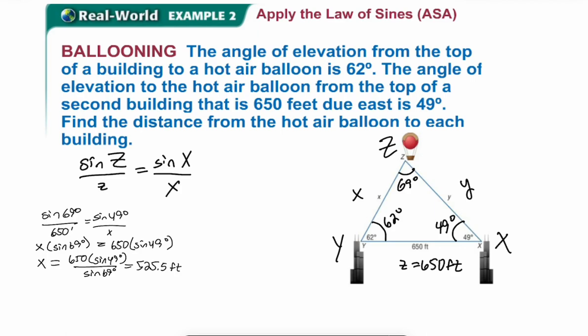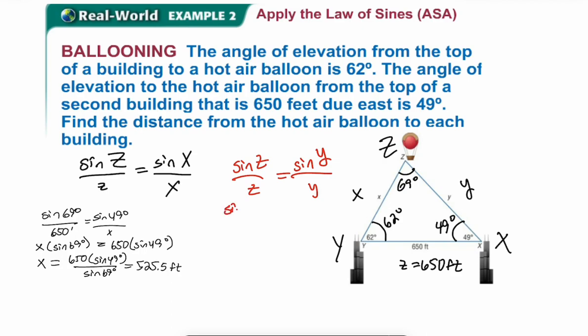Okay, so now we have x. We don't have little y. So we're going to set it up again. Use the same thing, the sine of z over z, but this time we're going to do the sine of y over y. So we know the sine of z over z.